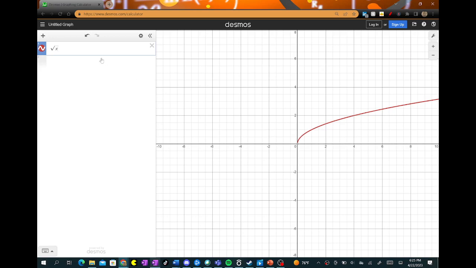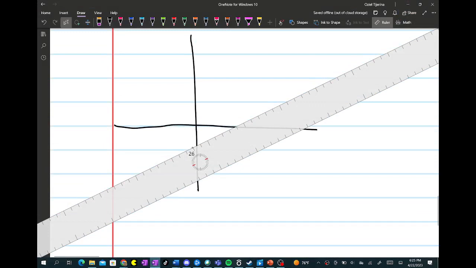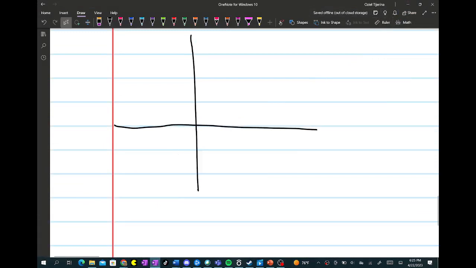So when it is reflected about the y-axis, we can see a general drawing of this, and it doesn't have to be graphed exactly, but this is how the square root of x looks.